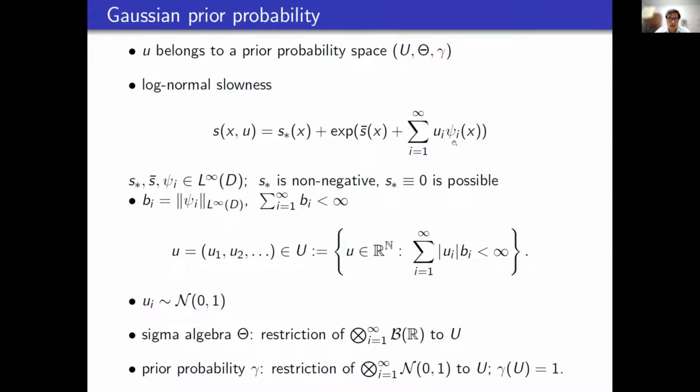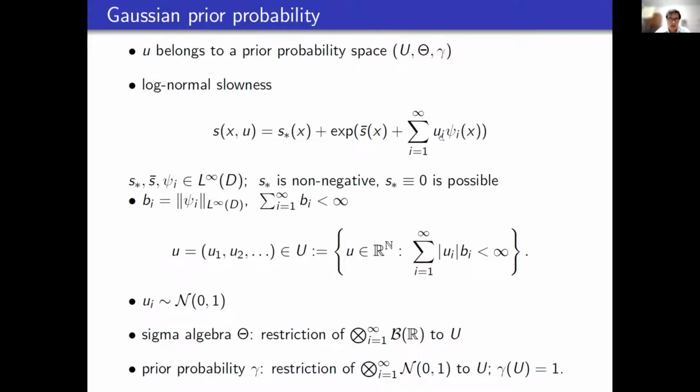Now, the functions s star, s bar and ci, all of them are known, so they are in L infinity of D. And s star here, we do not need to have it, so we just assume that it is a non-negative function.